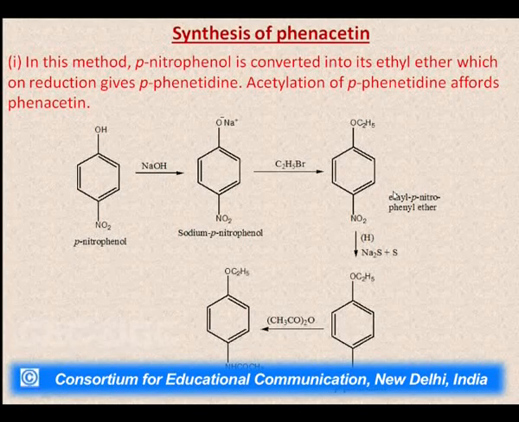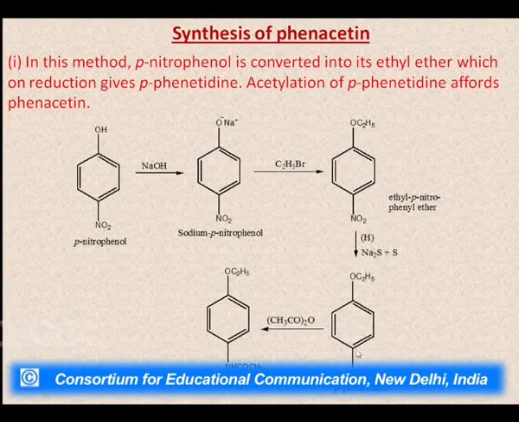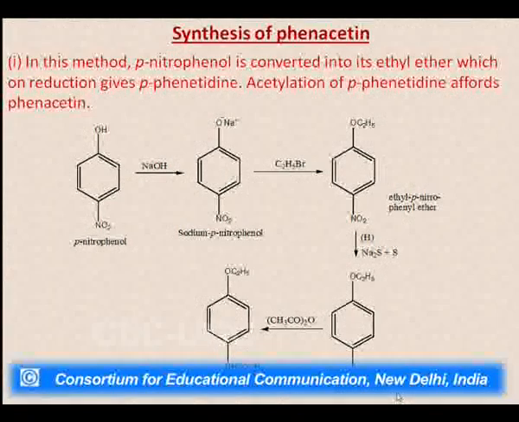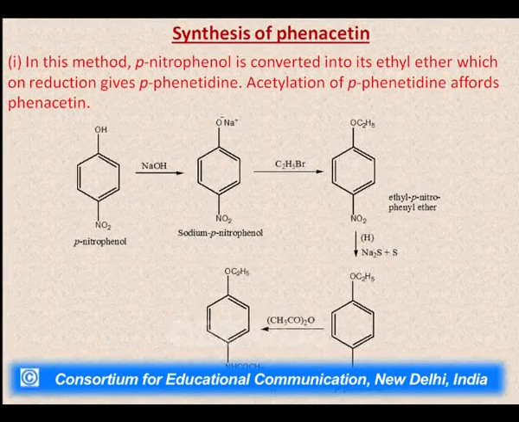Then this ethyl ether will undergo reduction with sulfide and sulfur, and the nitro group is converted into the amino group, and we get para-phenetidine. This para-phenetidine will then undergo acetylation in the presence of acetic anhydride, and finally we will get the acetyl derivative of para-phenetidine, which is known as phenacetin.